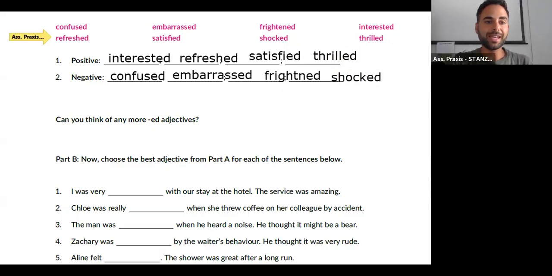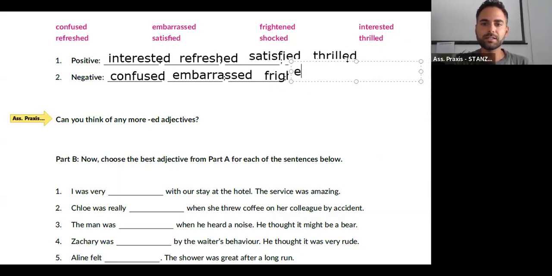Can you think of any more ed adjectives? Maybe an adjective that means frightened, which is scared.